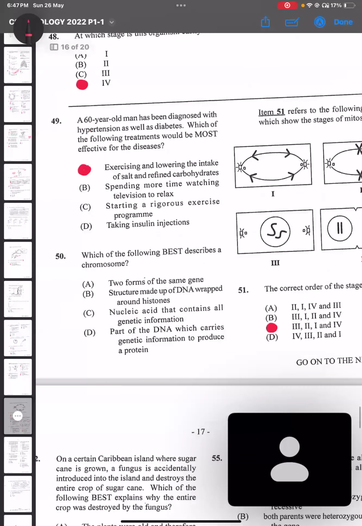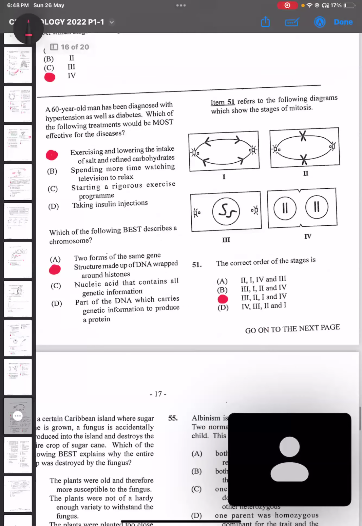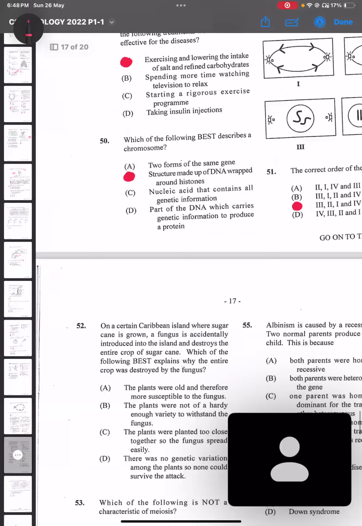What's 50? We had 51 already, and we know that that is the sequence 3, 3, 2, 1, and then 4. So let's see. We know 52. We know 52, 53, and 54.